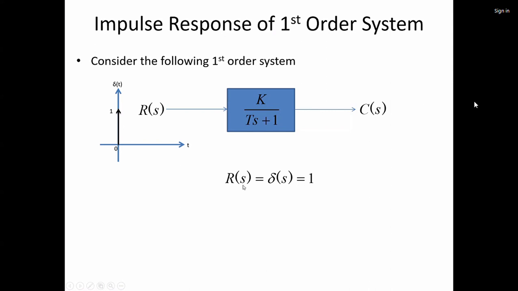Now, if I convert it to the frequency domain, as we had seen in the beginning of today's class, the Laplace transform of a unit impulse signal is basically 1. So your input in the frequency domain is 1, and your output will be just the system factor, which is K divided by 1 plus Ts.